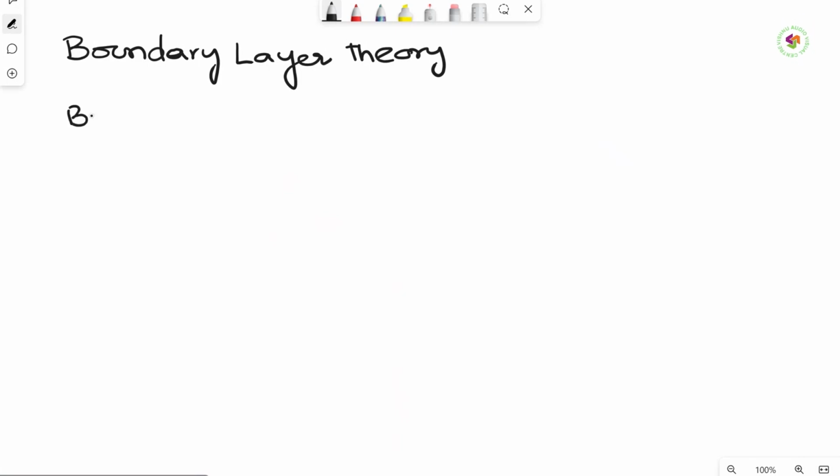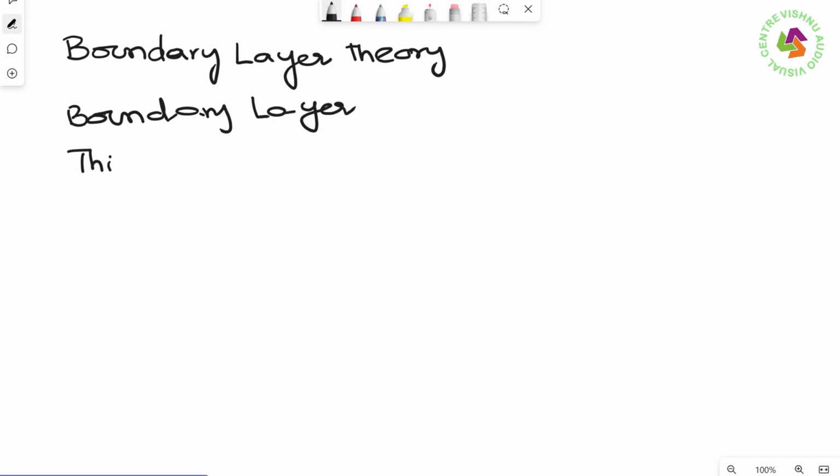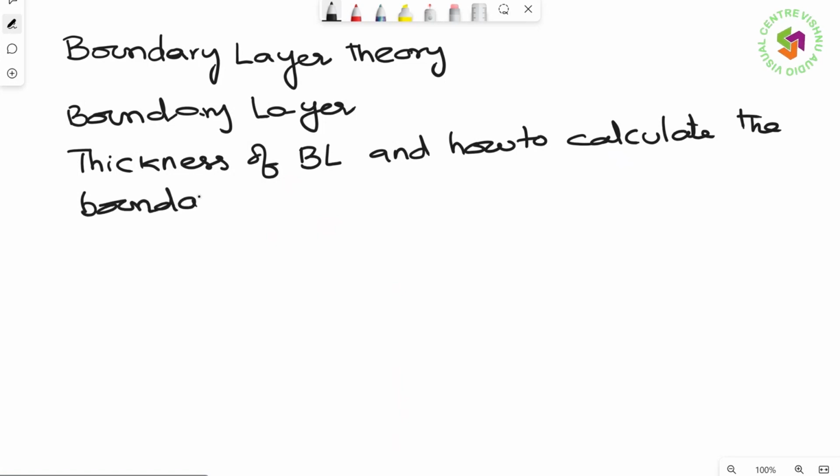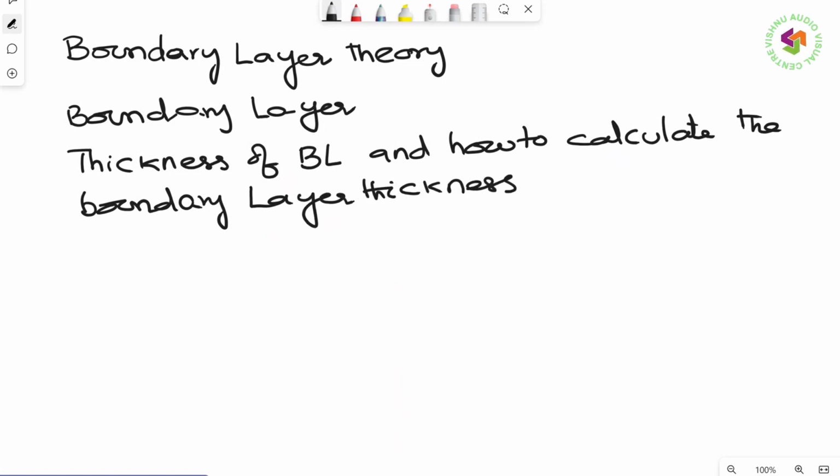And the second topic is how to define the thickness of the boundary layer and how to calculate the boundary layer thickness. So these are the two topics which we will take in today's class.